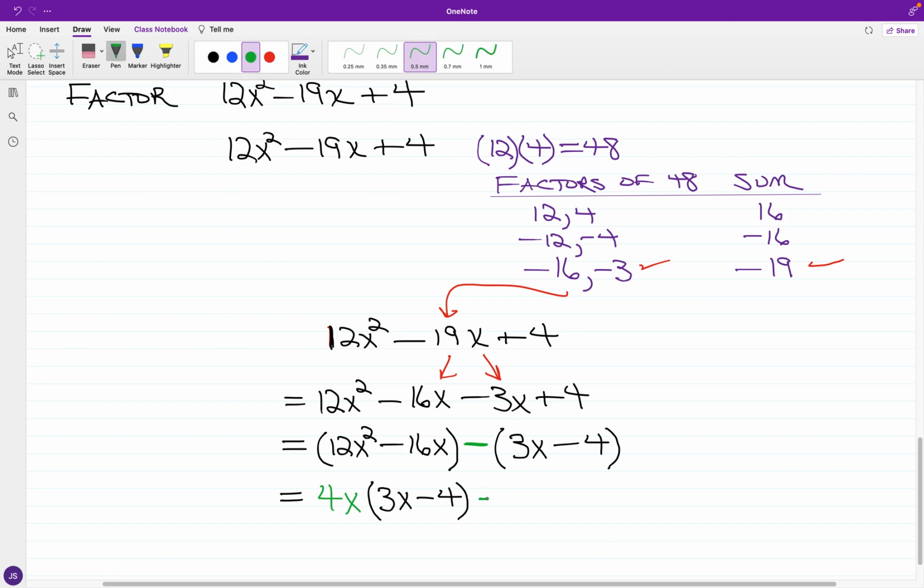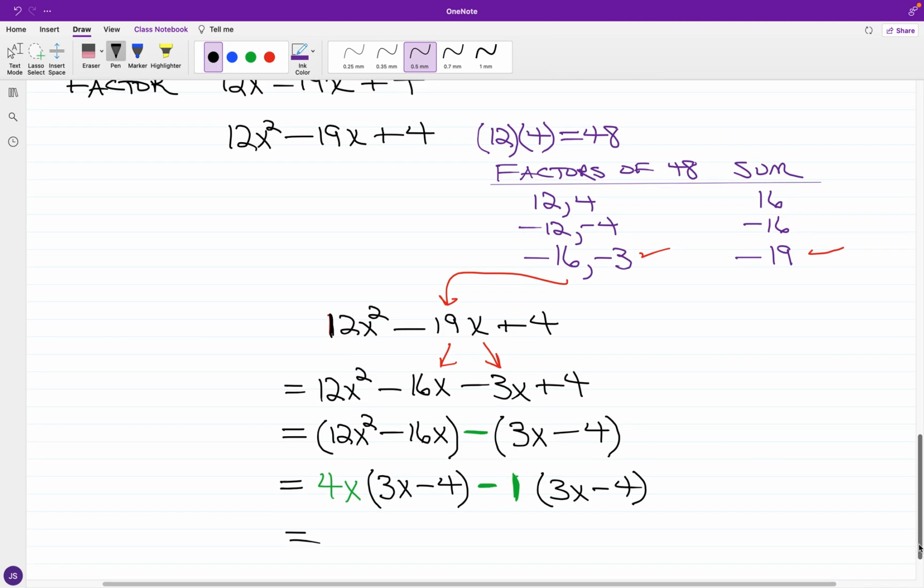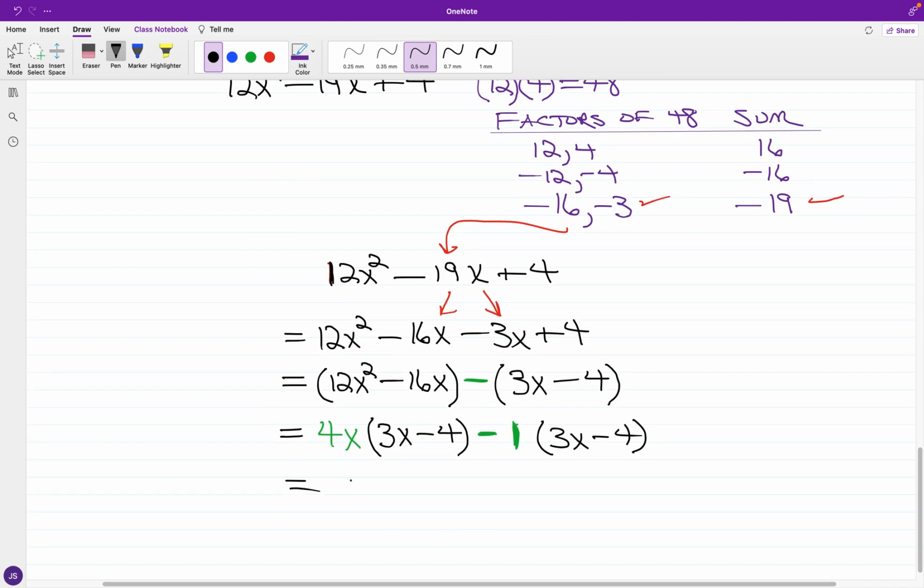Now just bring down the minus. And just looking at the greatest common factor of 3x minus 4, that's just going to be 1. So that's just going to stay at 3x minus 4. And so for what we have common, we have 3x minus 4.